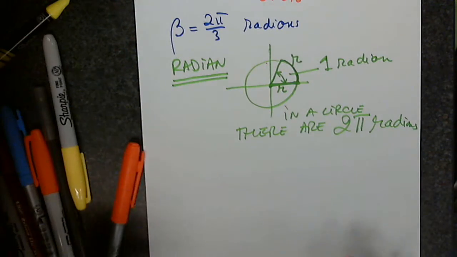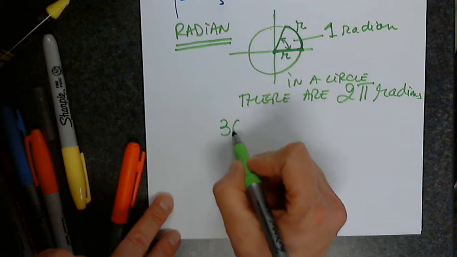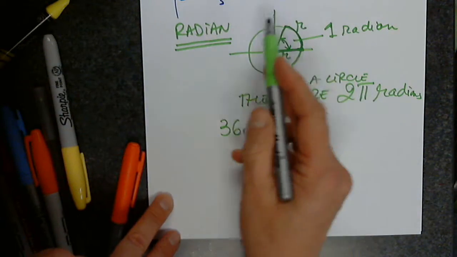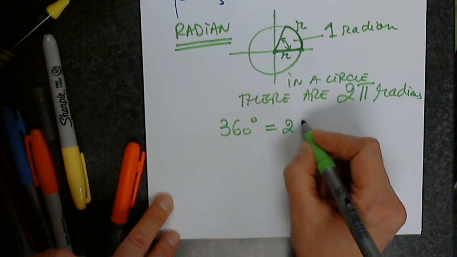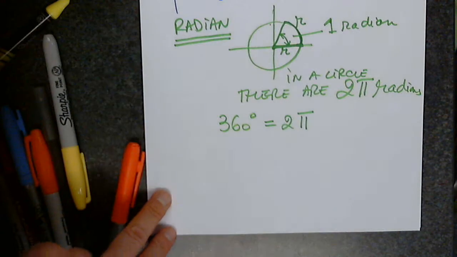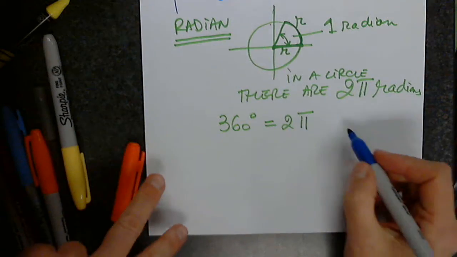If in a circle there are 2 pi radians, it means that 360 degrees, which is the full circle, must equal 2 pi. And of course I want to make it simple. How will I make this equation simple? By dividing both sides by 2.